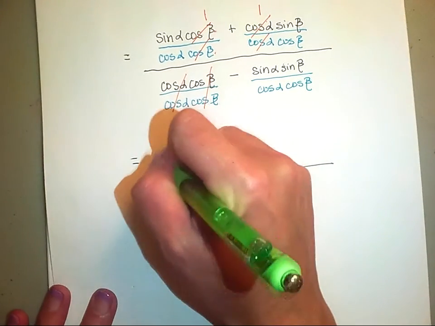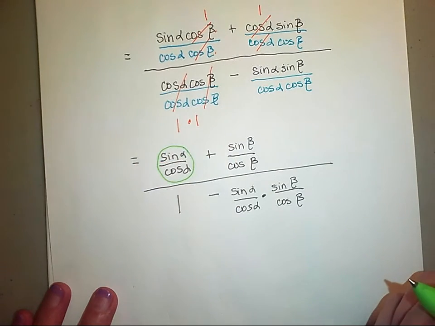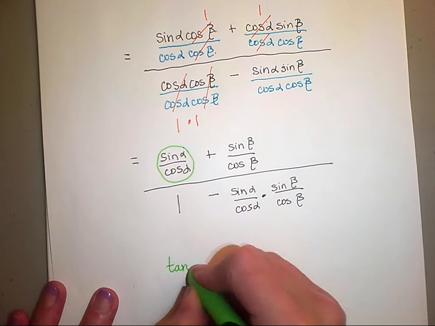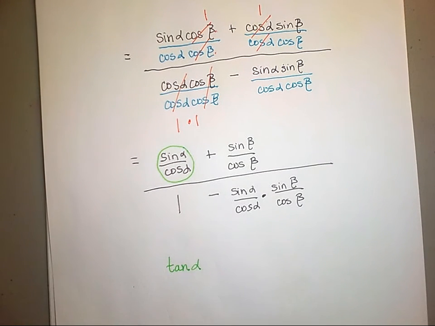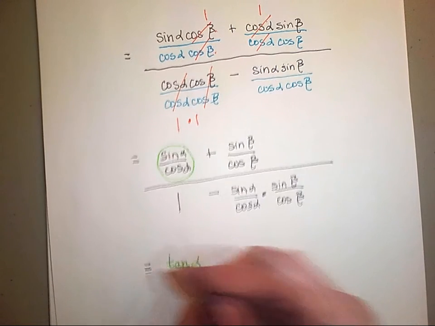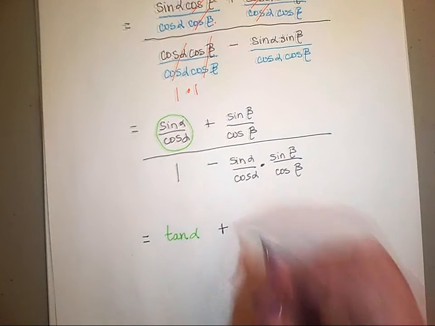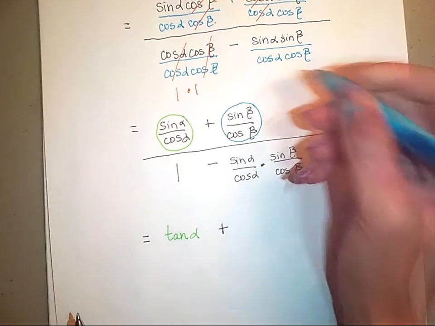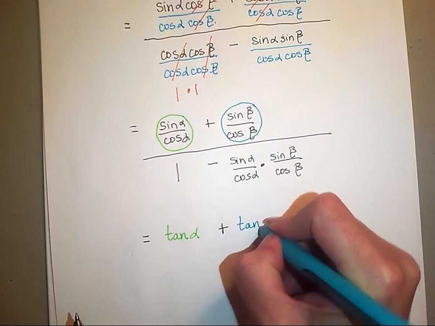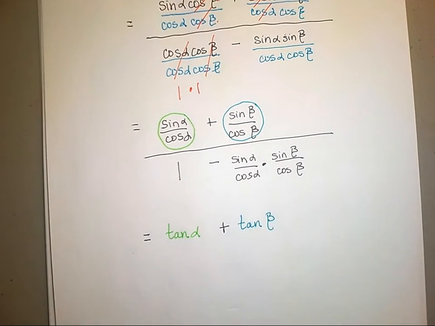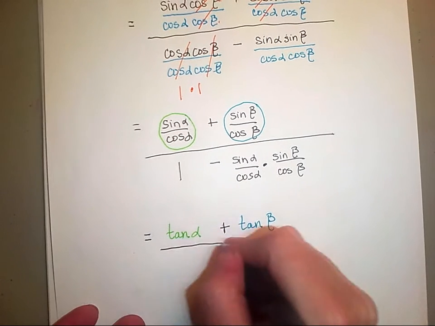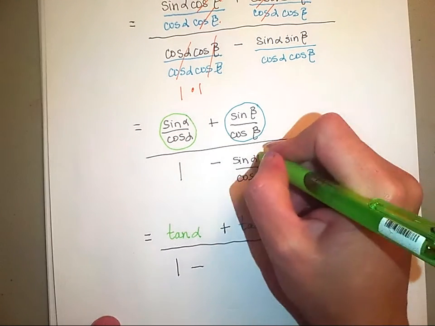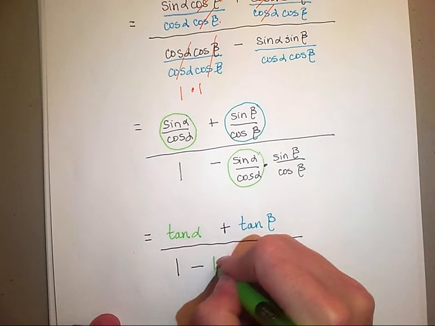And now we've accomplished our mission. This is just tangent of alpha, plus, and this one over here is just tangent of beta. Now we're going to divide this by 1 minus, and what do we have here?